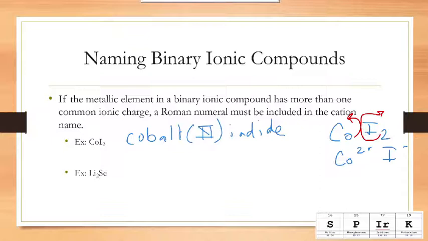So we can name this one cation first, lithium selenide. And if I could spell correctly, that would help us out a lot, wouldn't it? So selenide, lithium selenide. And we don't need a Roman numeral here because lithium only exists as a +1.